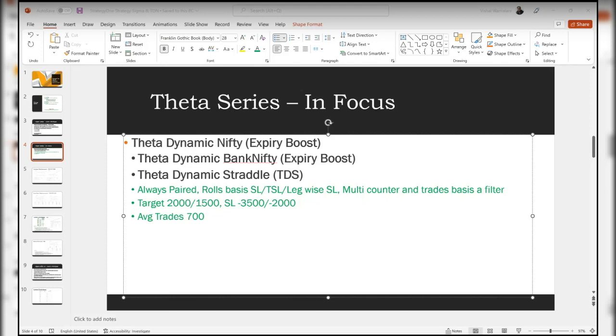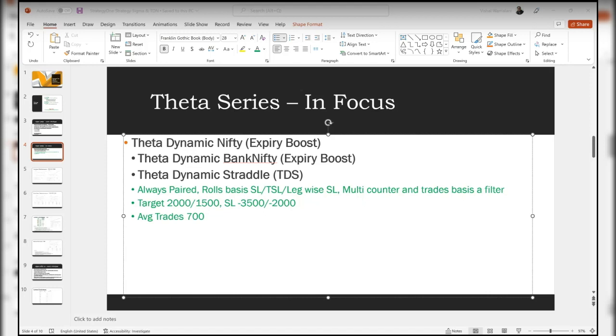Thursday remains the same as any scalper that you had been using from our end. But from Friday to Wednesday, it is an always paired strategy like TDS. It is separated for Nifty and BankNifty. While TDS has a target of 2,000 rupees or 1,500 rupees basis the days, this one has half the target and half the SL.